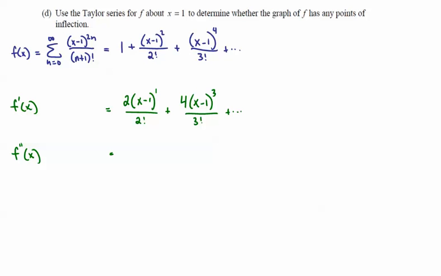Now, the first term will become 1 times 2 times x minus 1 to the 0, which is 1 over 2 factorial. The second term will be 3 times 4 times x minus 1 to the second over 3 factorial.